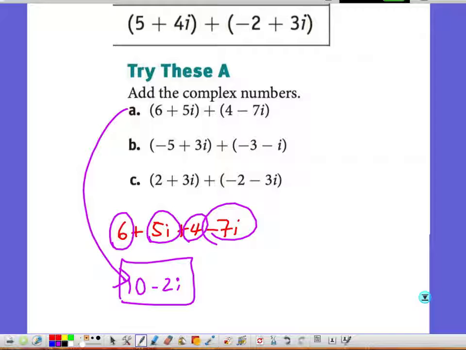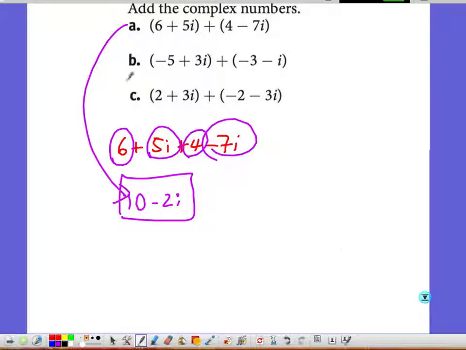Okay, I think we can do another example. Let's do B. So B, again, is there anything outside these parentheses that I need to distribute besides 1? No, there's nothing that we need to distribute here. So basically, we don't need the parentheses. -5 plus 3i plus -3. Well, that can just basically be -5 minus 3 plus 3i minus i.